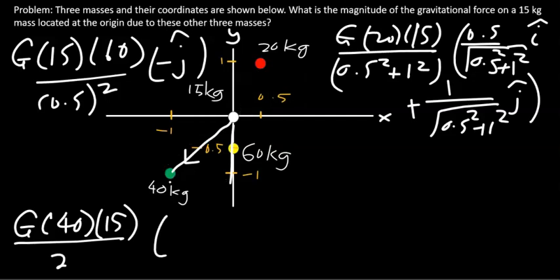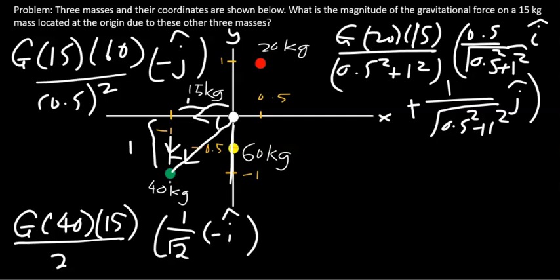The third force has an x component going that way and a y component going downward. So let's do the x component first. This is 1 unit and that is 1 unit, so that would make the angles 45 degrees. So the x component is the magnitude times cosine of 45, and that is just 1 over square root 2, minus i hat.